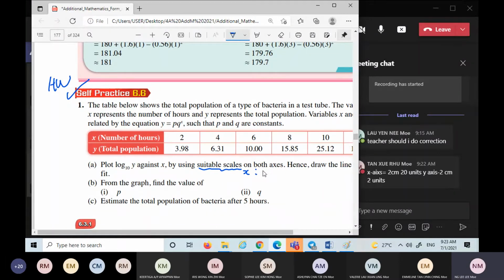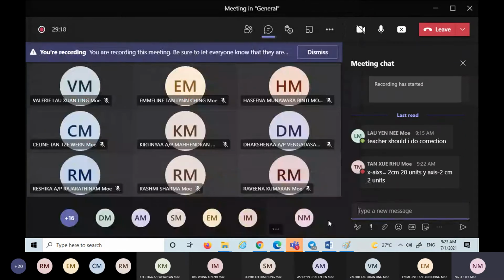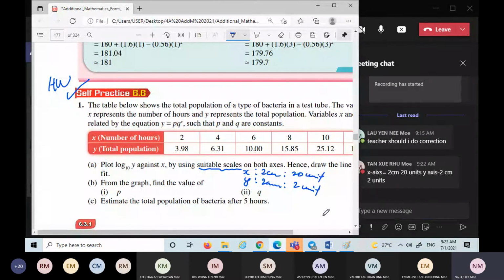Okay, for the x-axis, 2 centimeter, 20 units. For the y-axis, 2 centimeter, 2 units. Okay, others, do you have other from Cheryl's scale or not?